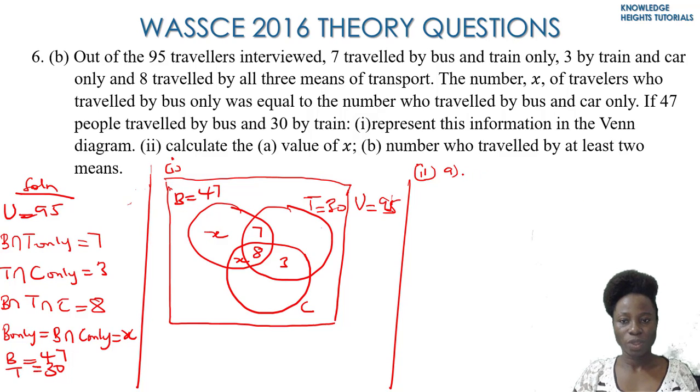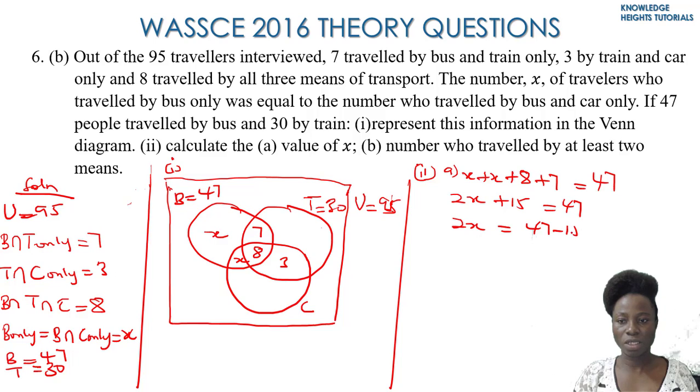So we have X plus X plus 8 plus 7 being equal to 47. X plus X will give us 2X. 8 plus 7 will give us 15, equal to 47. So 2X is equal to 47 minus 15, which means that 2X is 32. We divide both sides by 2 and it gives us X being equal to 16. So that's the value of X.